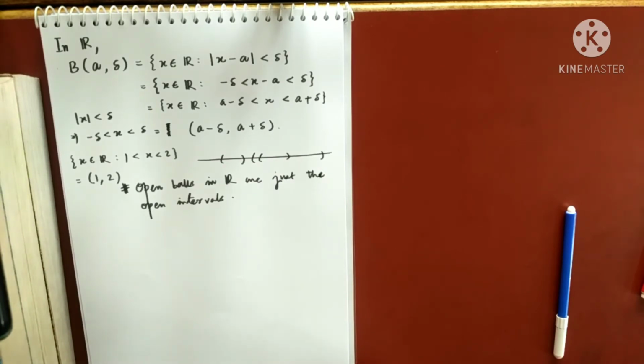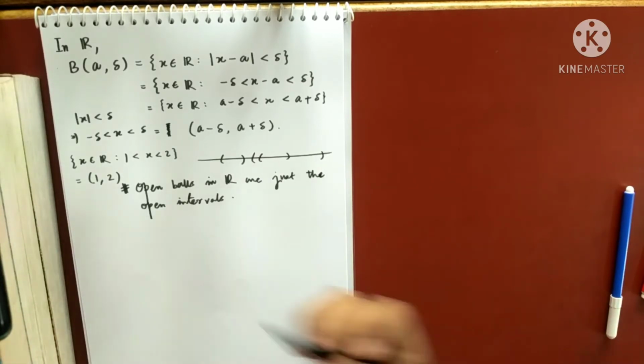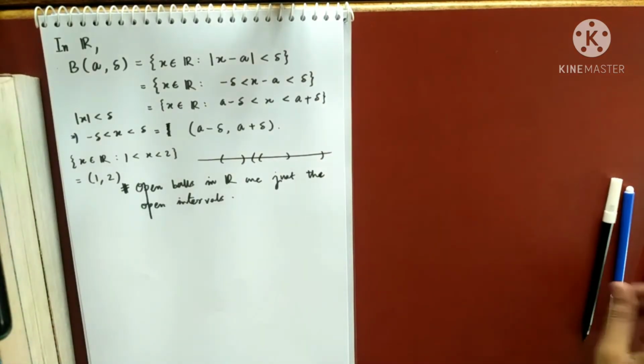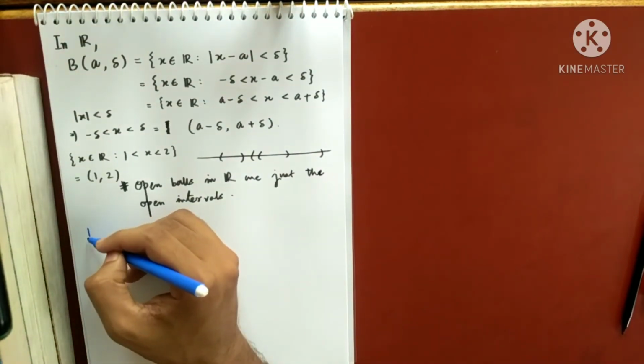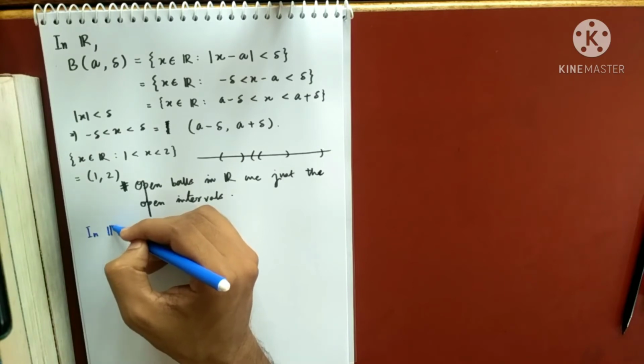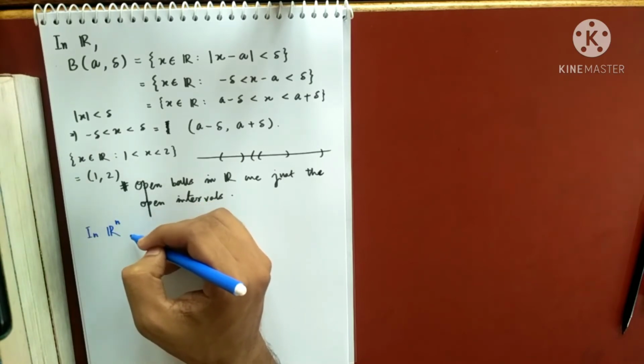Open balls in R2 are just the interiors of circles, and open balls in R3 are just the interiors of spheres. So in general, we are talking about Rn, and that will generalize everything. In Rn, we cannot picturize for n greater than or equal to 4.